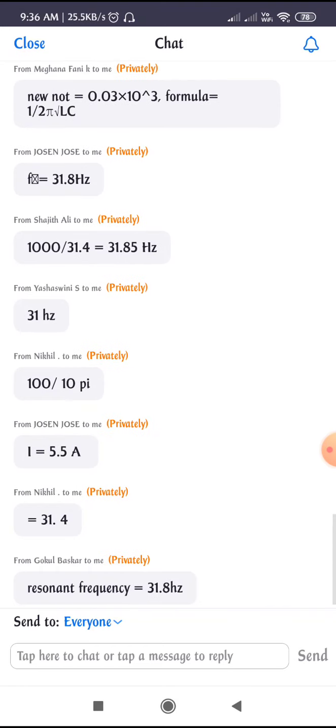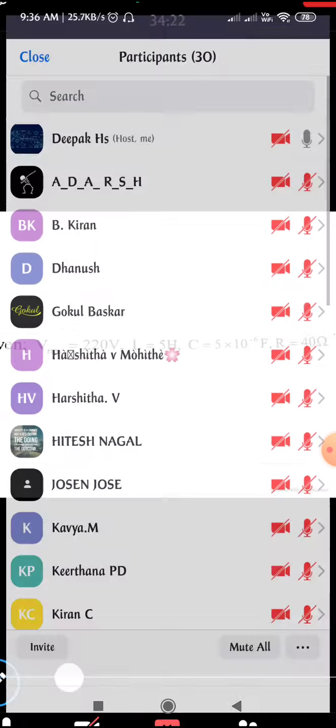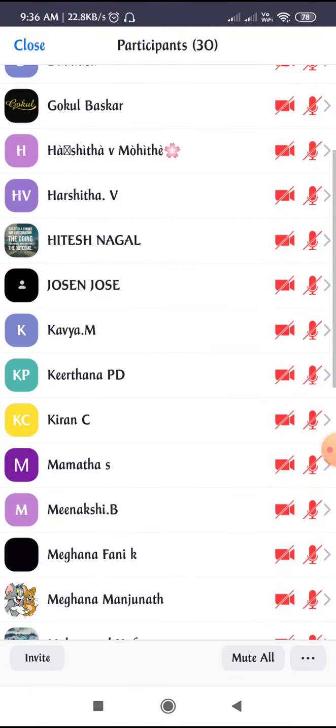The answer for B is correct. Just go through sub question C. Yeah, Gokul, correct. Maulya has left the meeting, so she will be absent for today's class. Maulya and Yashaswini are both absent for today's class.